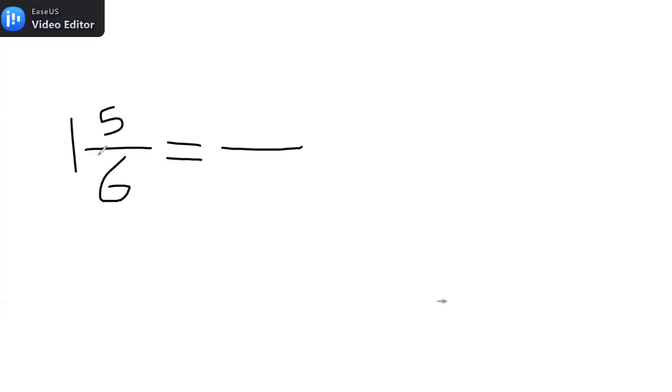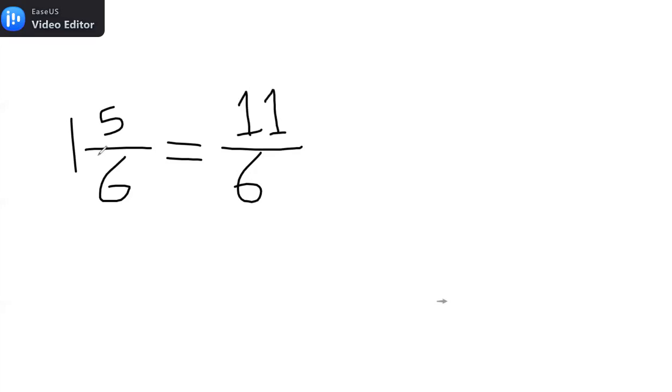The denominator will be 6. 6 is the same. What will be the numerator? 11. Why? Because 1 times 6 is 6. 6 plus 5 is 11.